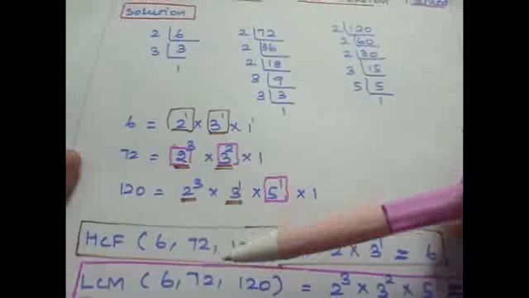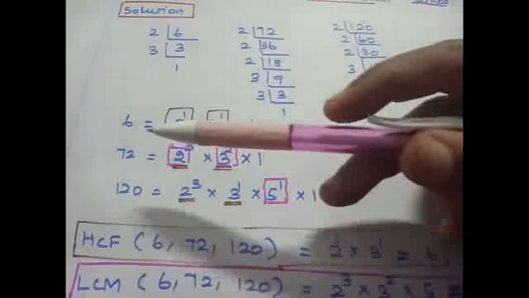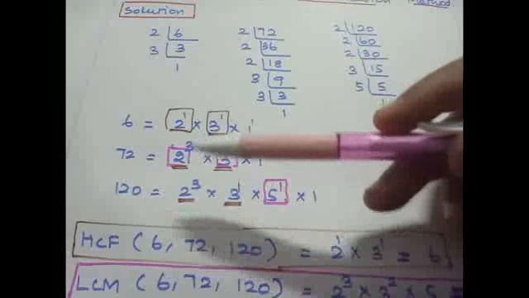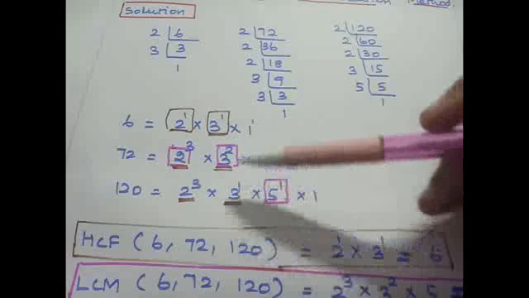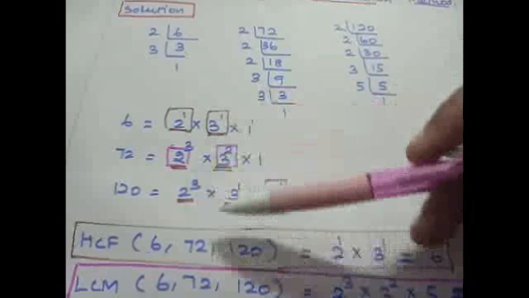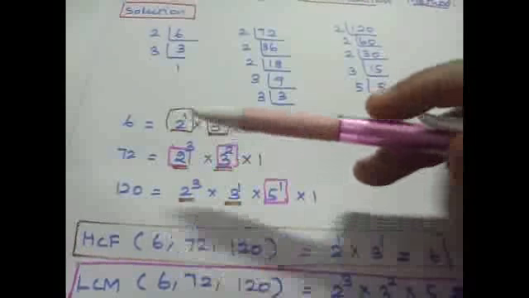So for HCF we always have to take the common factors. For these 3 numbers, 2 and 3 are the common factors, coming in all 3 numbers. For HCF we have to take the smallest power.